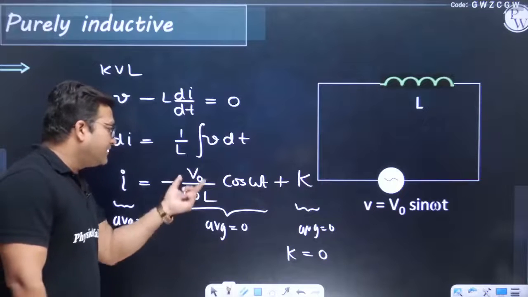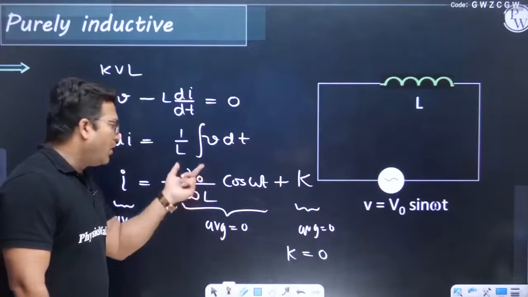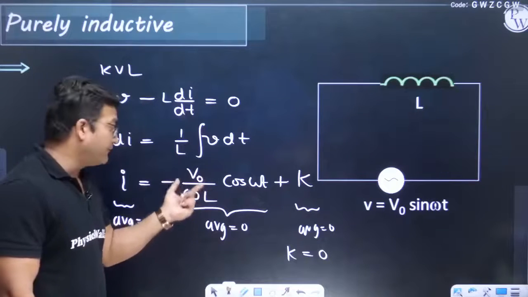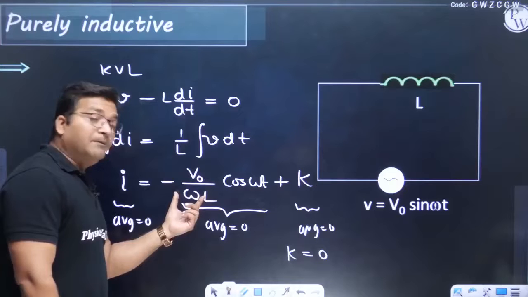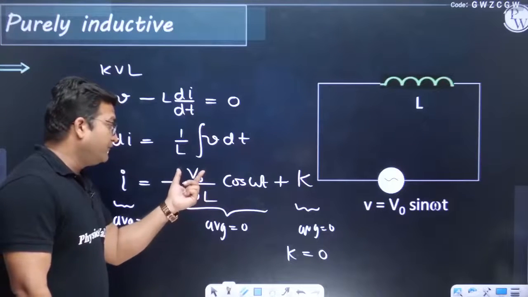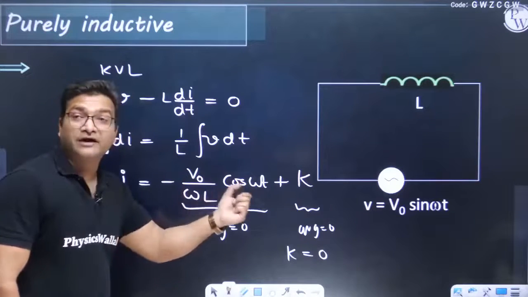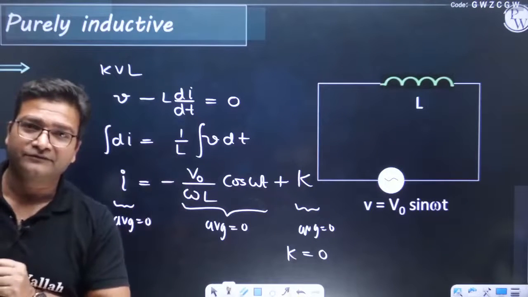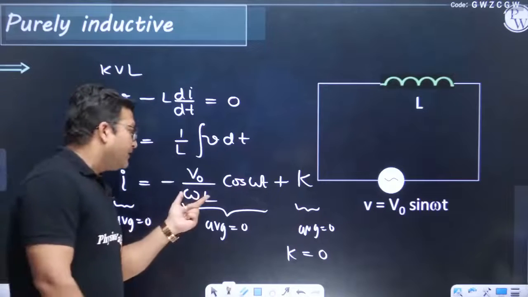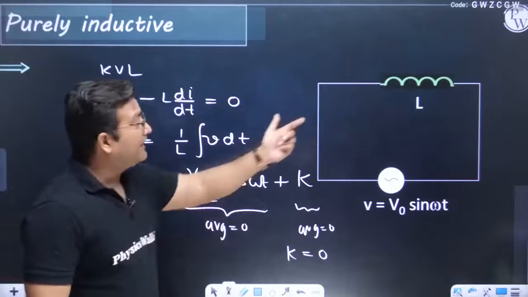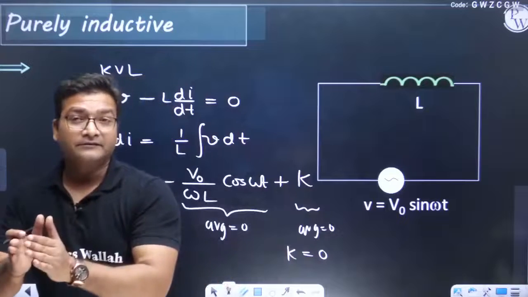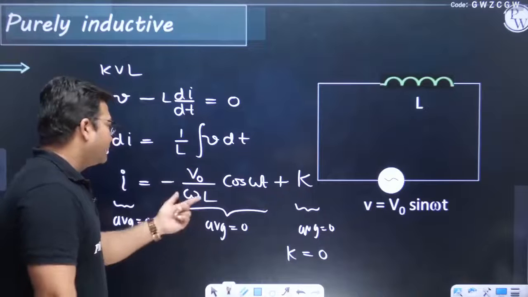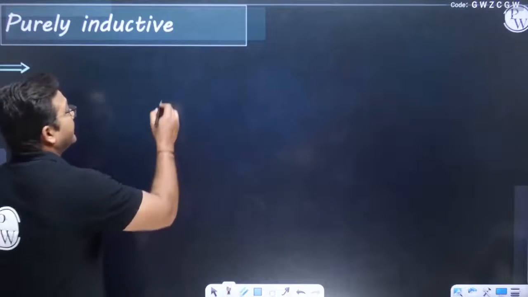If you check this term V naught by omega L, obviously it is the maximum value of current, I naught. If you compare this with V naught by something equals current, obviously omega L will have units of resistance. So you can call it the resistance offered by this inductor to AC current. This is actually called reactance.